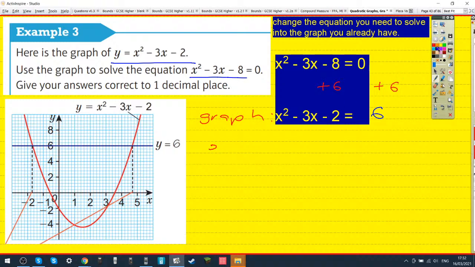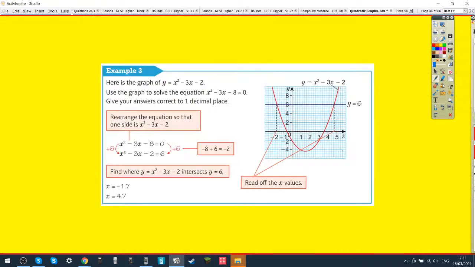And it's minus 1.9, or 4.9, something like that, maybe 4.8. Let's see. Yes, and so you have to change the equation you need to solve into the graph you already have.